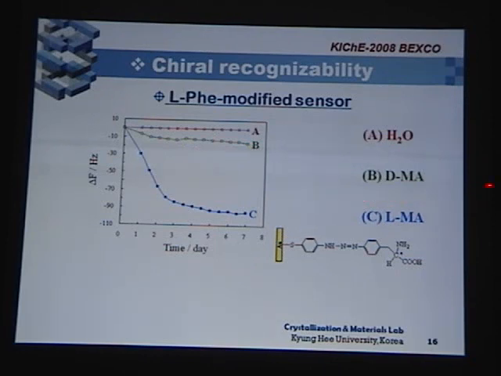For L-mandelic acid, the frequency decreased almost linearly during the beginning of the VDMA reaction period, meaning that the longer the reaction time, the more L-mandelic acid attached to the sensor surface. After that, the frequency change tends to level off, meaning that the reaction equilibrium was reached.